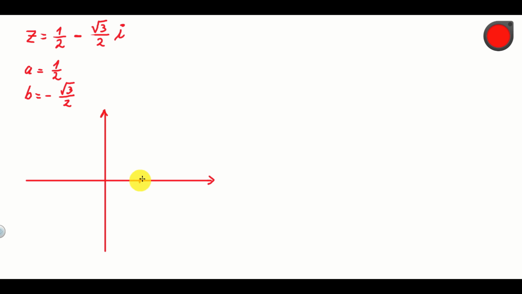The real part is 0.5. The imaginary part is 0.87 approximately with the minus sign. That is, it's over here. Let me just write it nicely. Minus 0.87. And here's our complex number.